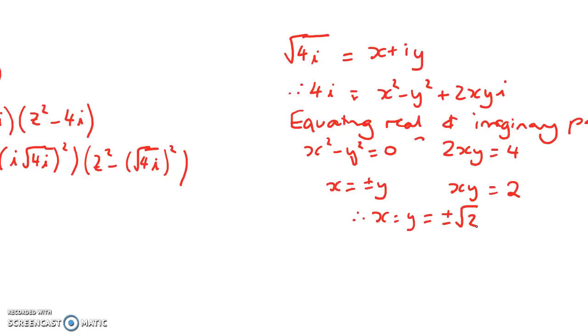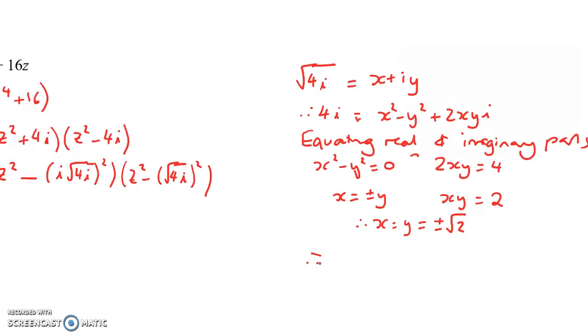Okay, and so that means therefore that the square root of 4i is equal to plus or minus root 2 plus i root 2.